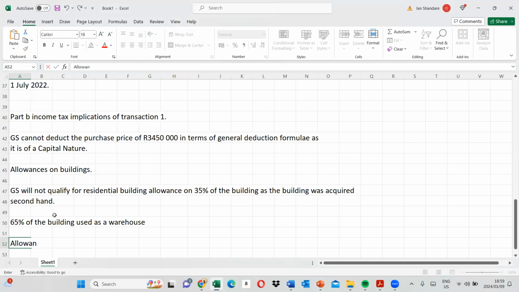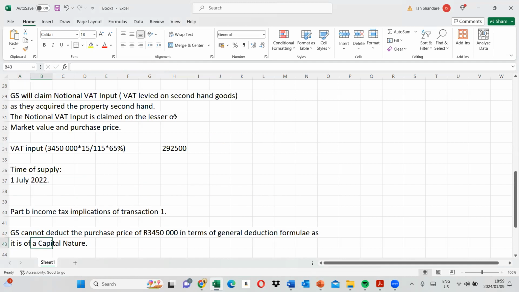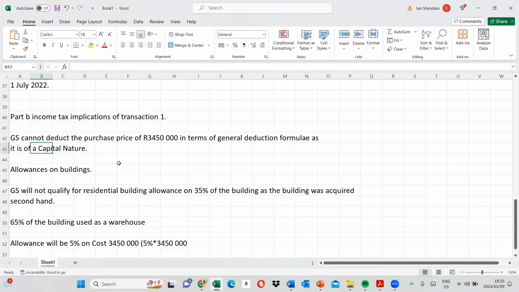So the allowance would be 5% on cost, which is 3,450,000. They'll claim an allowance of this much. So we're going to take 5% times 3,450,000 minus the VAT that we previously claimed.